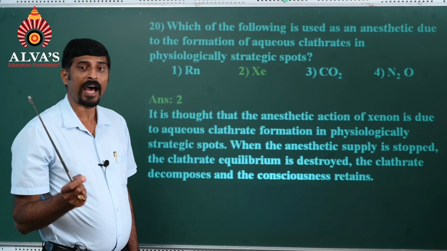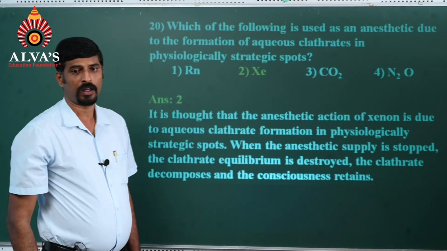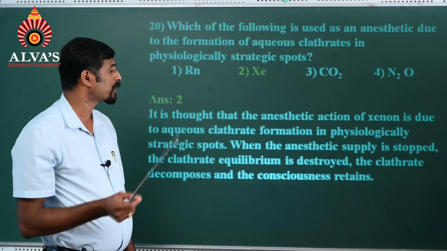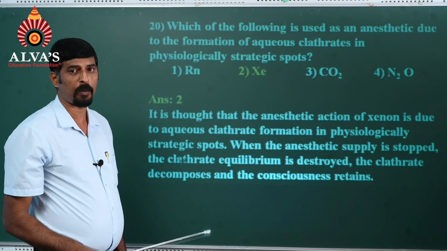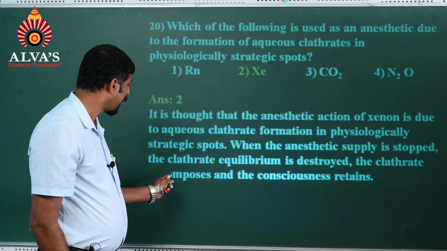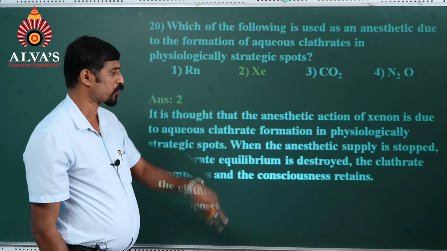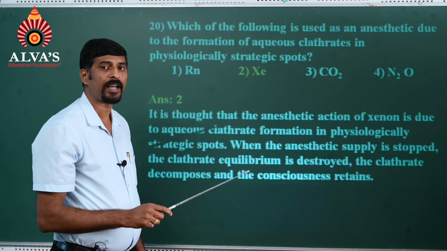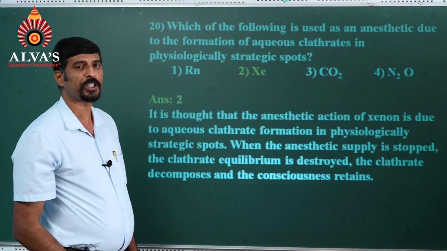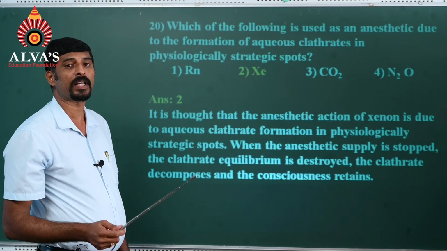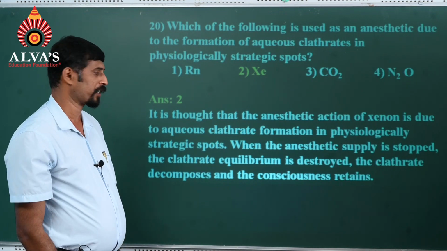As long as anesthesia is supplied, the person loses consciousness. Once again, the anesthesia is stopped. What happens? The clathrate equilibrium is destroyed and clathrates undergo decomposition, and because of the decomposition, once again that person regains consciousness.